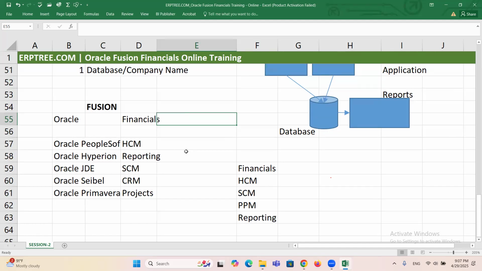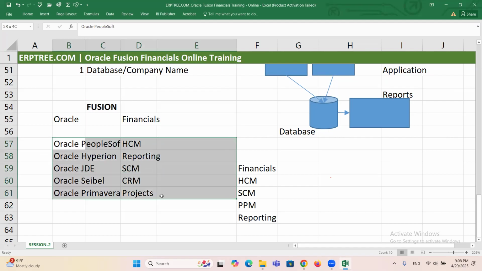When you talk about the previous version, EBS 11 and R12, they are all products from Oracle only. In the EBS, HCM is also from Oracle, whatever Oracle designed and developed, and the CRM solution, Oracle CRM and all. Now, they acquired these powerful products from the market, and in Fusion you are not going to have Oracle-built HCM.